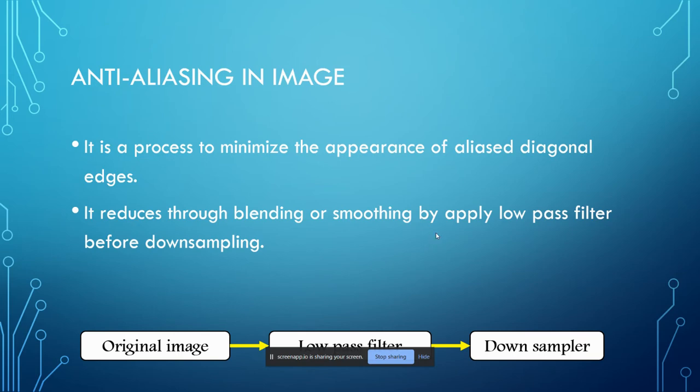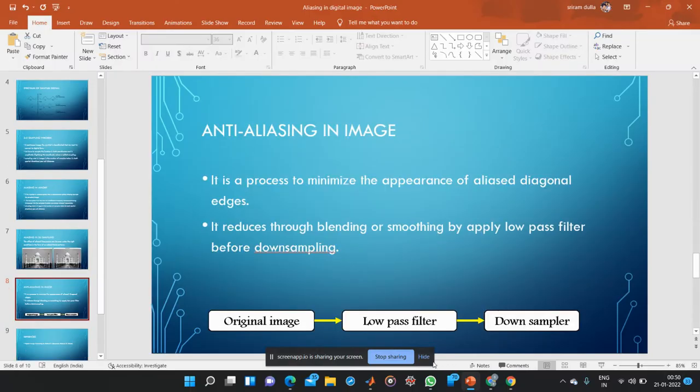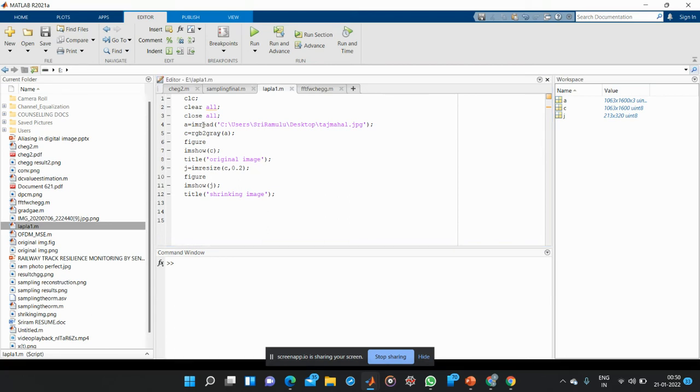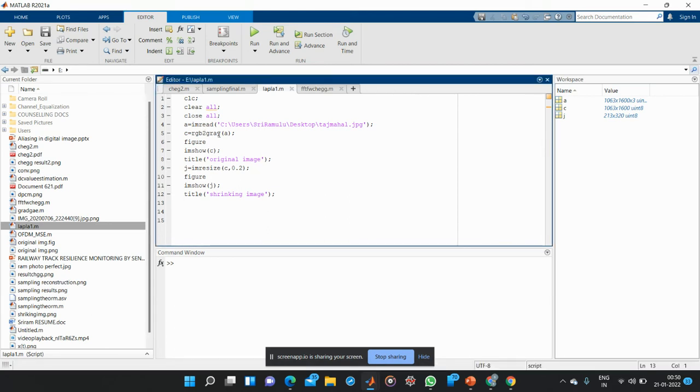Now we are going to see some MATLAB results. Here I take an image by using a command called imread. I convert the colored image into a grayscale image. After that, I plot the original image. Now I shrink the image by resizing, that is, by sampling.